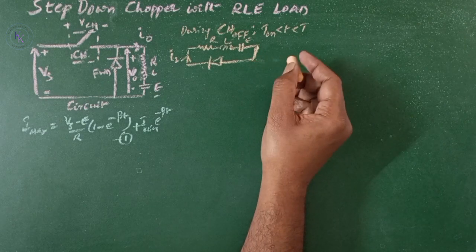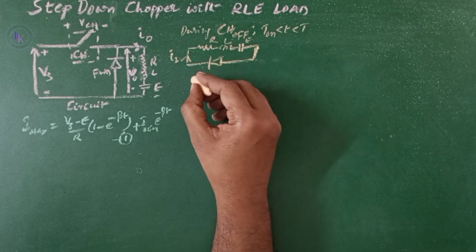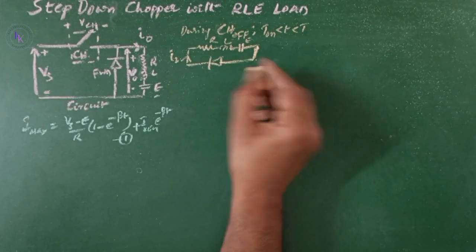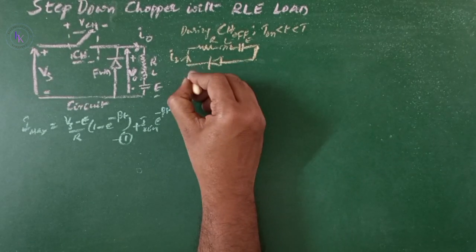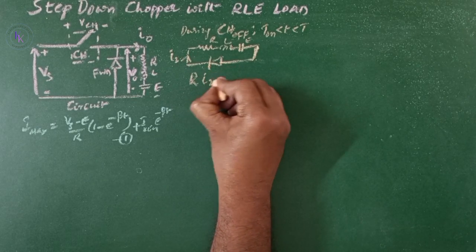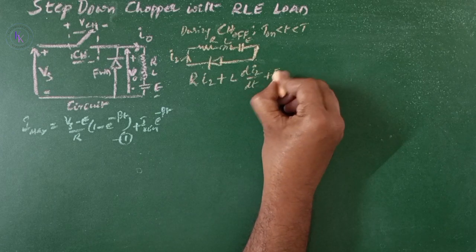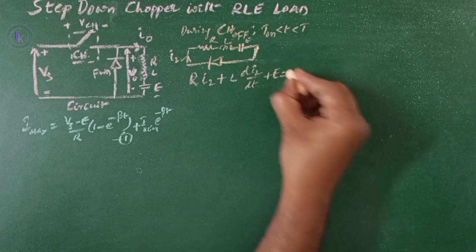During chopper turn off time, that is the time between t on and t, the current flows through the freewheeling diode, so the source voltage Vs will be 0. Then the governing equation will be R I2 plus L di2 by dt plus E equals 0, the source voltage being 0.